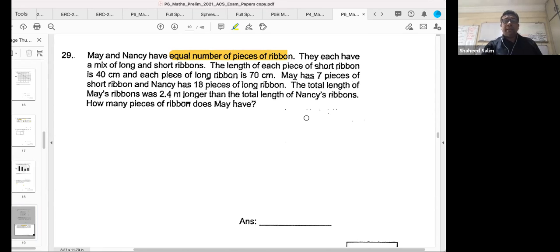Well, maybe they didn't tell us how many long ribbons May has, or how many short ribbons Nancy has. They each have a mix of short and long ribbons. The length of each short ribbon is 40 cm. The length of the long ribbon is 70 cm.